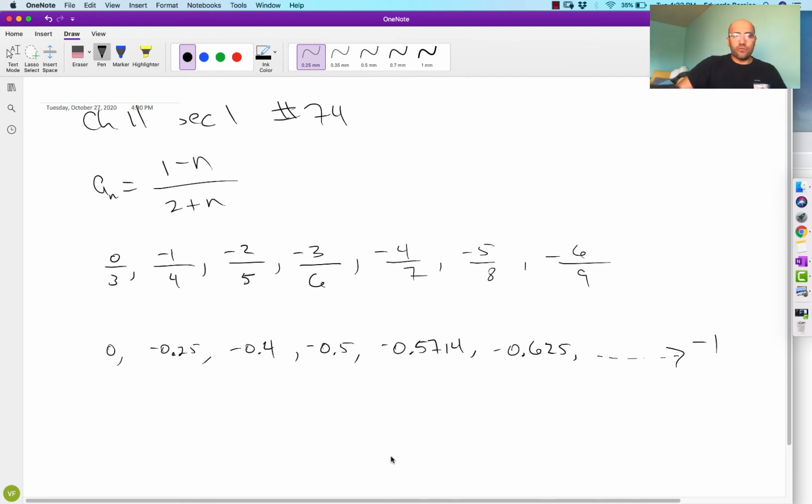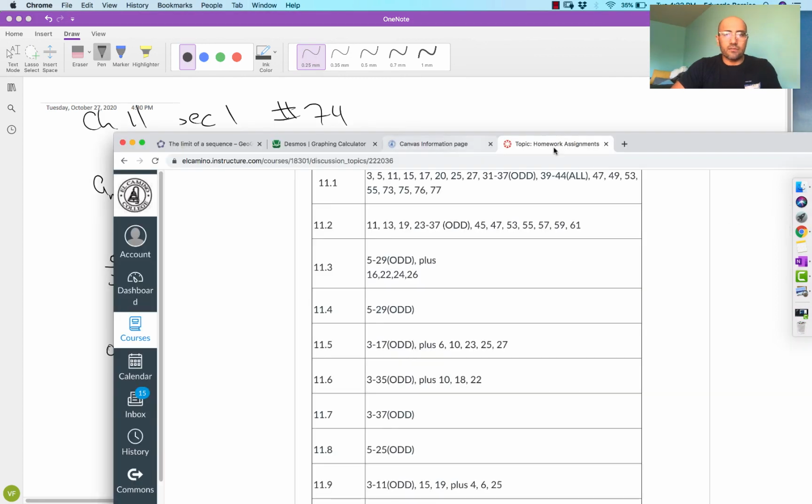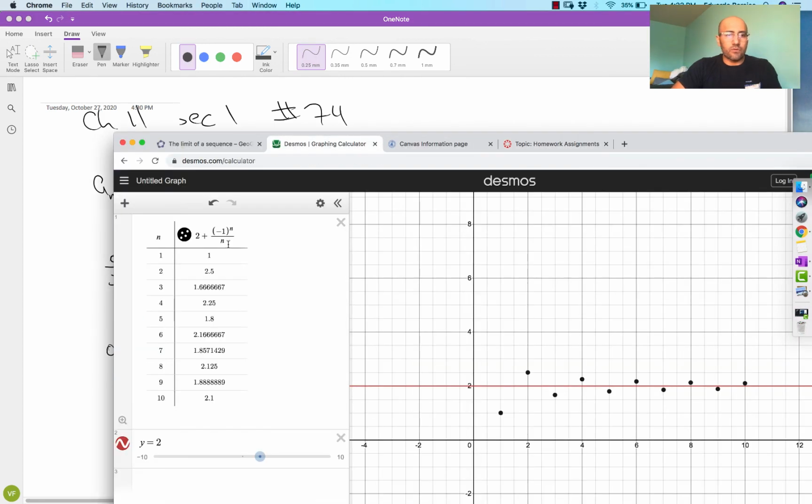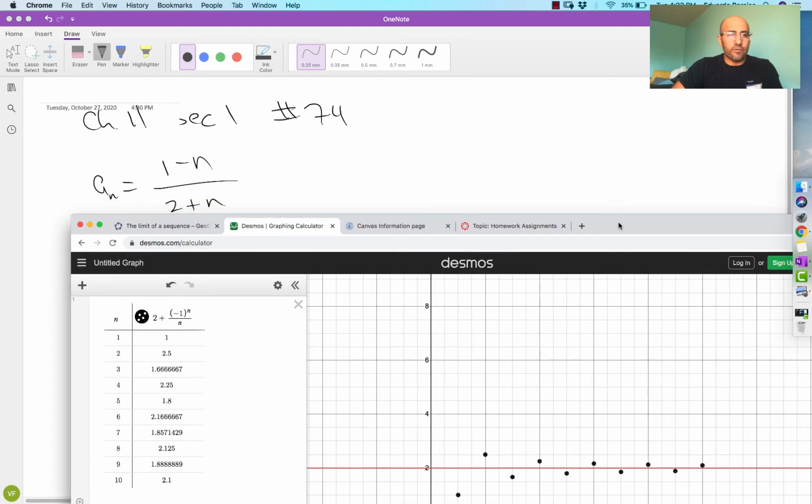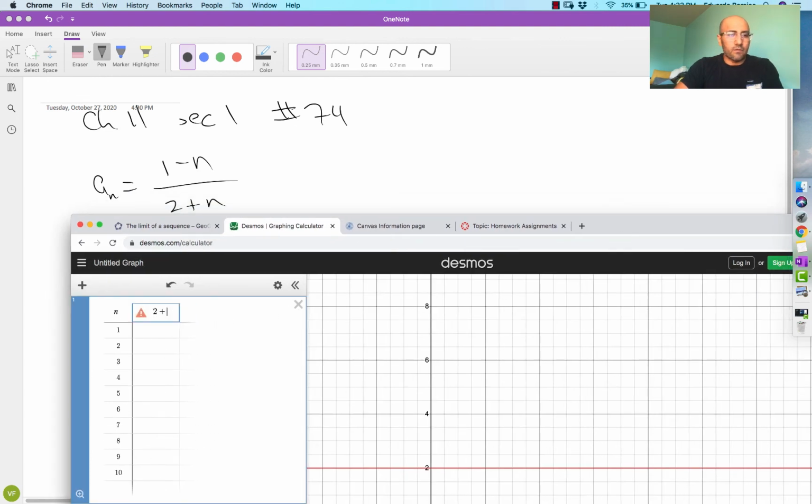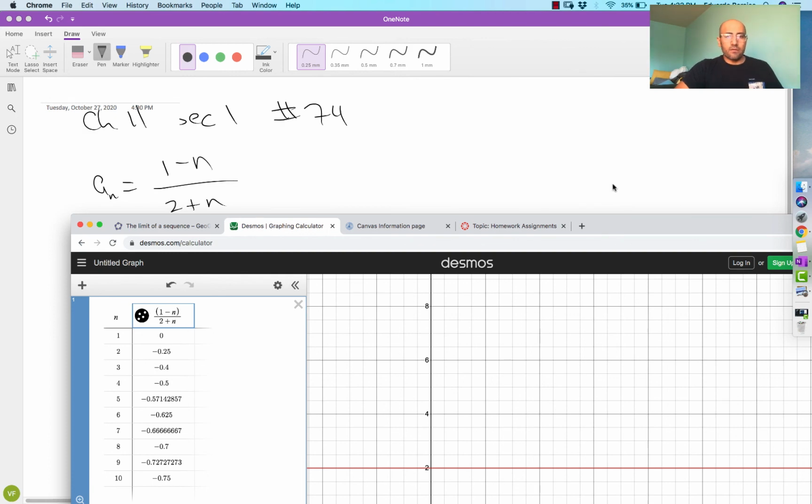I can also use Desmos to help me visualize this. Let's go back to Desmos, good old Desmos. The formula is going to be parentheses 1 minus n, close parentheses, divided by 2 plus n.